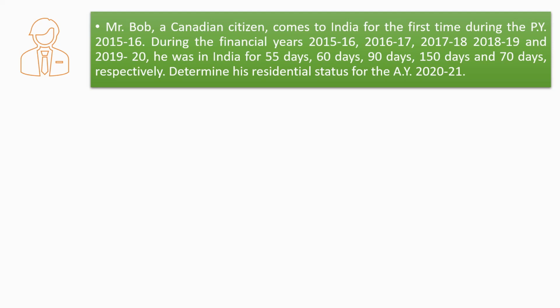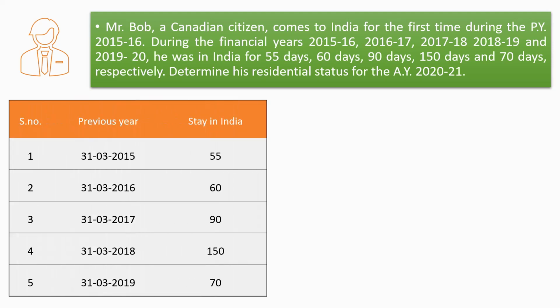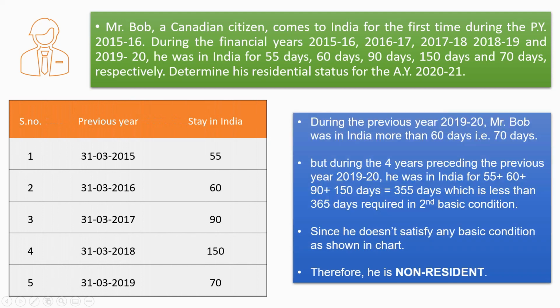We will draw a table to write number of days stay in India in previous year. As we can see, during previous year his stay in India is 70 days, which is less than 182 days as mentioned in first basic condition. So he doesn't satisfy first basic condition. Let's check second basic condition.